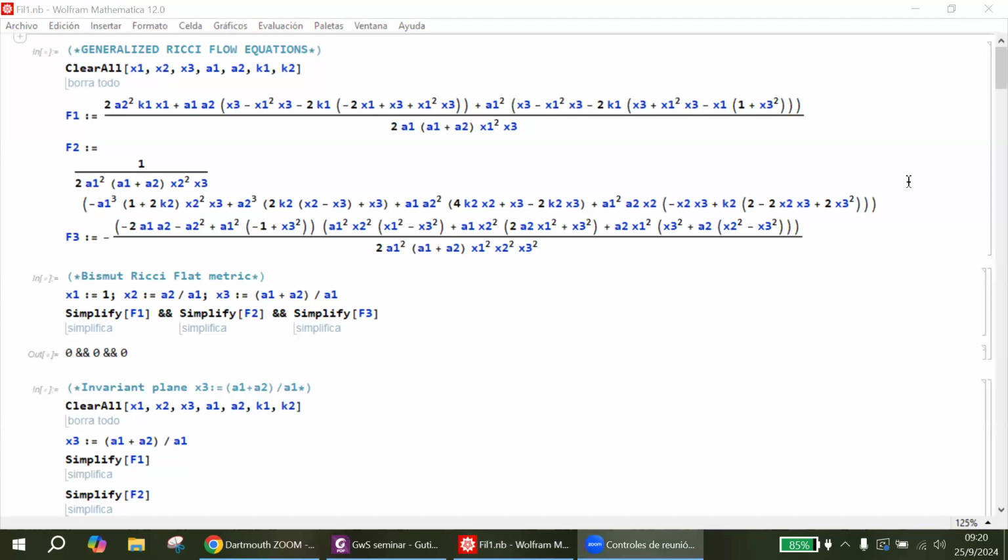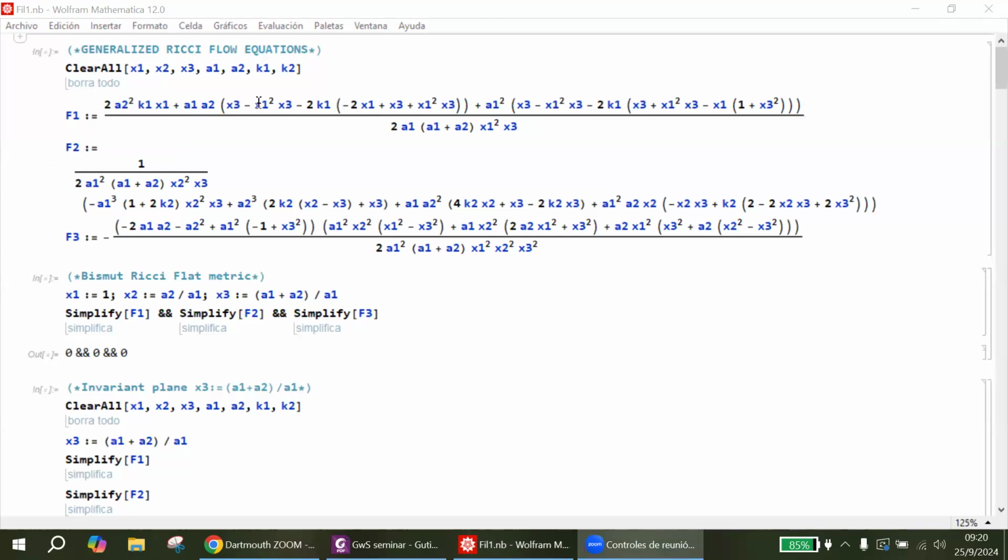So I was saying that these are the equations which define the flow. Here F1, F2, and F3 are the coordinates of the function F. So the derivative of the smooth function x1 is equal to F1, and so on with the others.